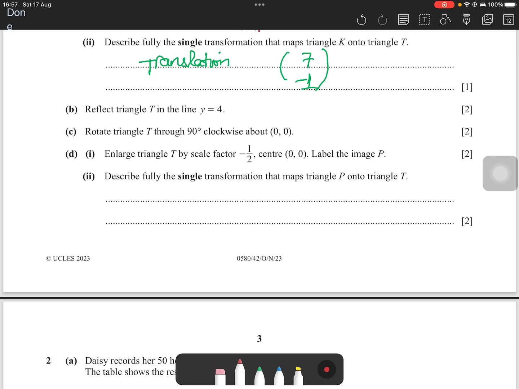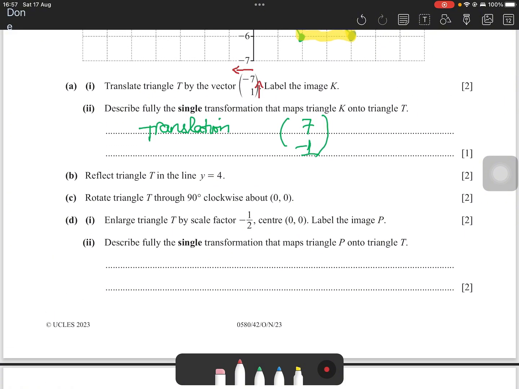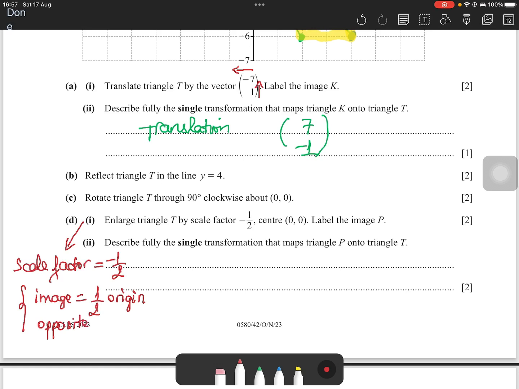D. Enlarge triangle T by scale factor -1/2, center (0, 0), label the image P. So if the scale factor for this question equals -1/2, this means the image is 1/2 of the original, and the image and the original shape are in opposite directions, because it is a negative number.